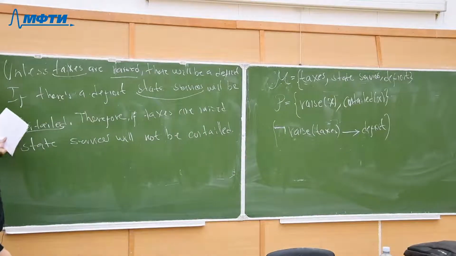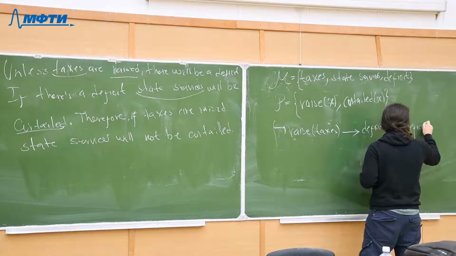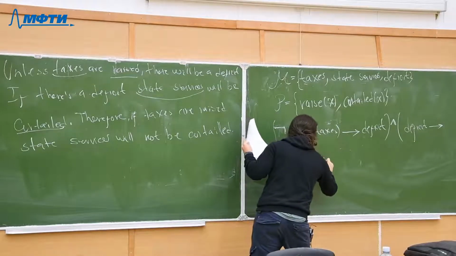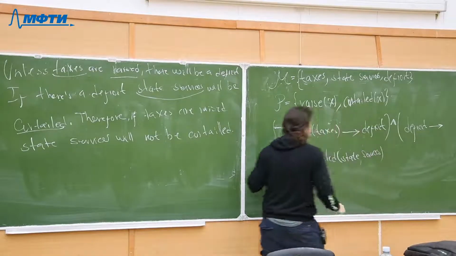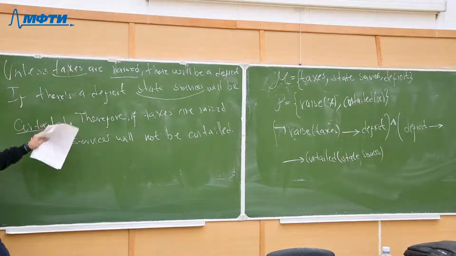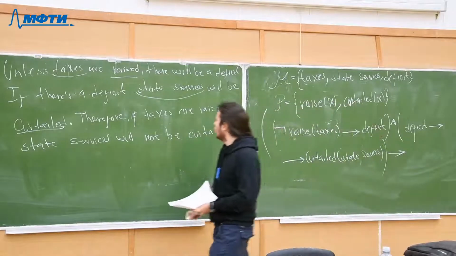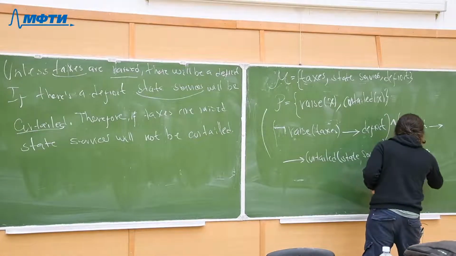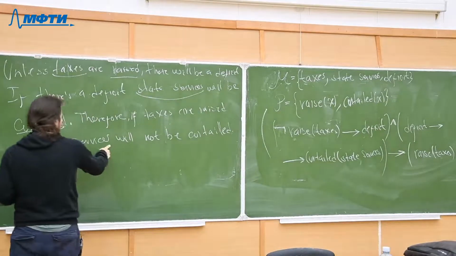Then we have, if there's a deficit, state services will be cartelled. So if there's a deficit, then what? And here we write state services, right? Yes. Therefore, if taxes are raised, state services will not be cartelled.